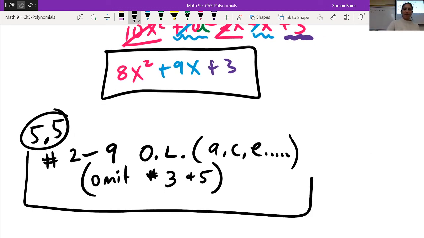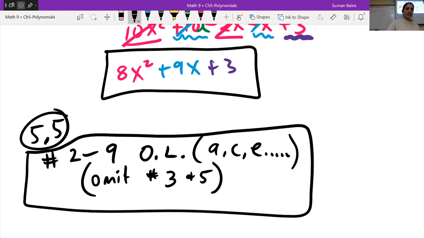Now let me explain here. So I am assigning this, but number 9, can you flip and look at number 9 for a second? I feel like maybe this will make you feel better that your teacher's telling you these are crazy. Number 9 is optional. If you are up for a challenge, you want the bonus extra questions, then go for it and do number 9.